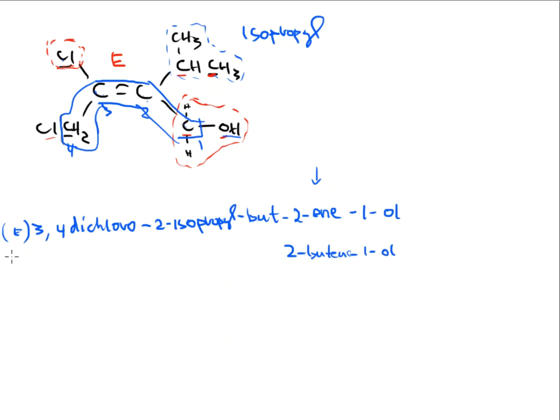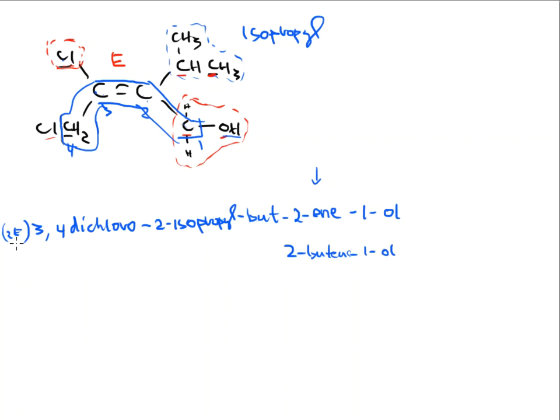Now, there's only one double bond here, so it will be understood that at the double bond location, it will be the E position. However, if you are uncertain, it's not going to kill you, it's not going to hurt you, it's just going to take 1 or 2 seconds for you to do it. The double bond location happens at spot 2, so I can easily put a 2 out in front, just to clear up any confusion.